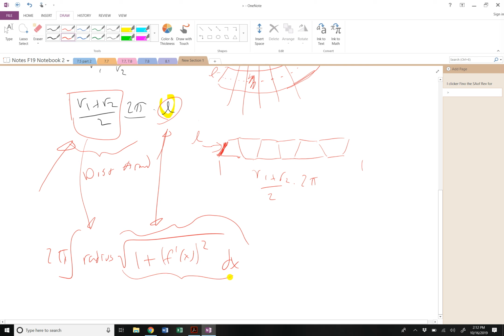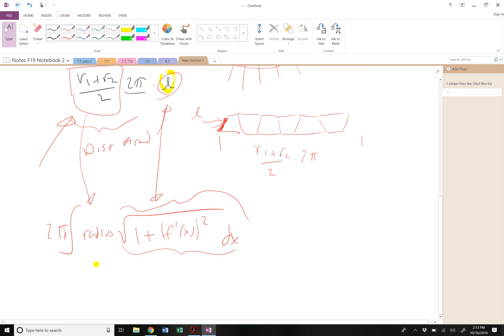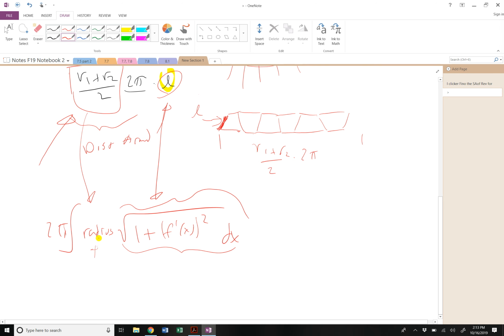Together this will give us the arc length of a slice. So we need to find the radius of the path that it revolves around, and also this arc length piece. Okay, any questions about the surface area of revolution?